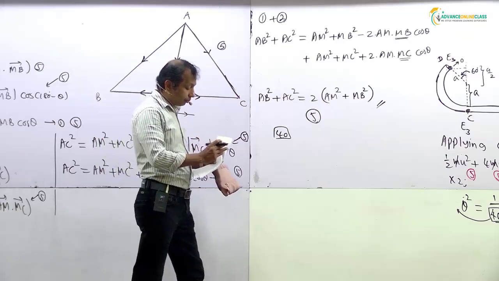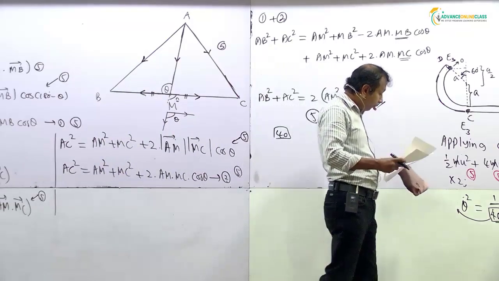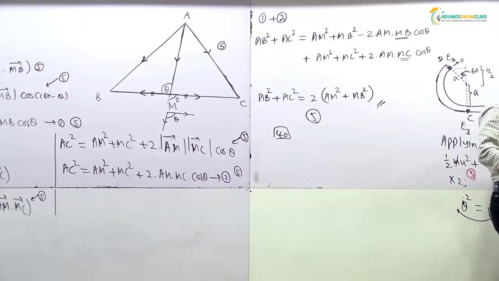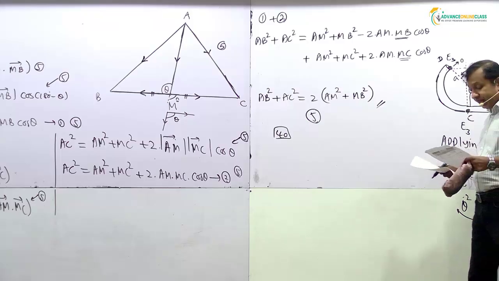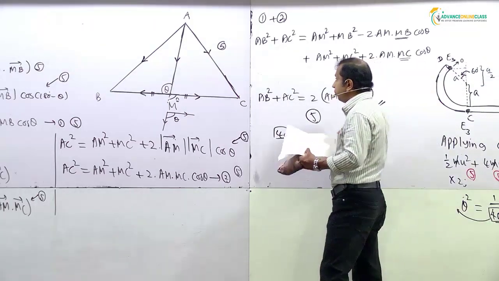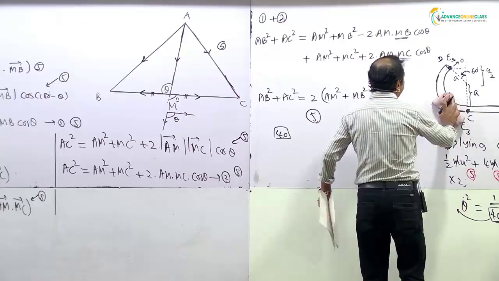Next one. The position vectors of 2 points P and Q related to a vector origin O are simple P and simple Q respectively. Find the position vector of the point R which divides the line PQ in the ratio lambda is to mu internally, right?